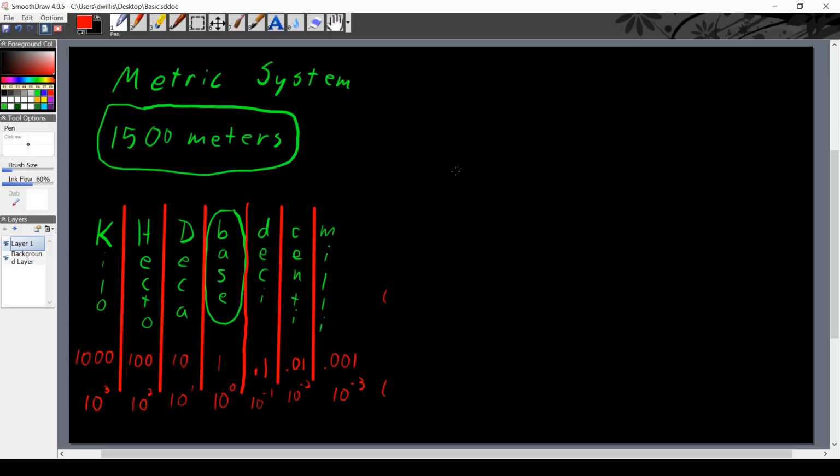All right, so let's go ahead and bring this over and say that I have 1,500 meters. And I would like to convert that into kilometers. What I'm going to do is take my 1,500 meters and look at this little chart with my prefixes, and say, hey, I'm starting with meters.